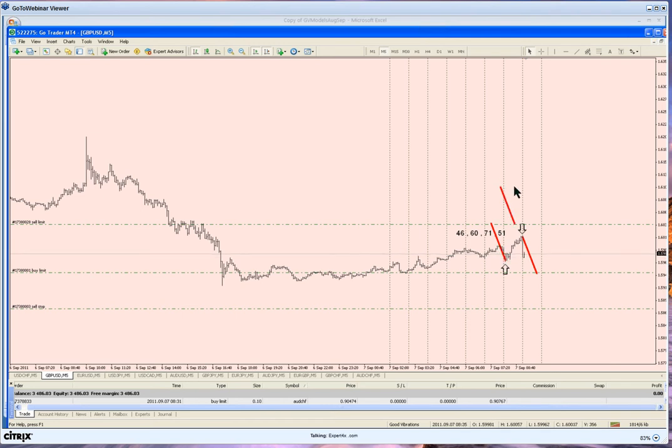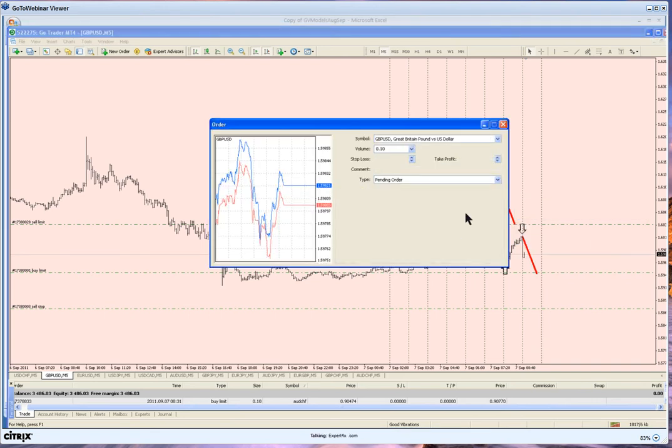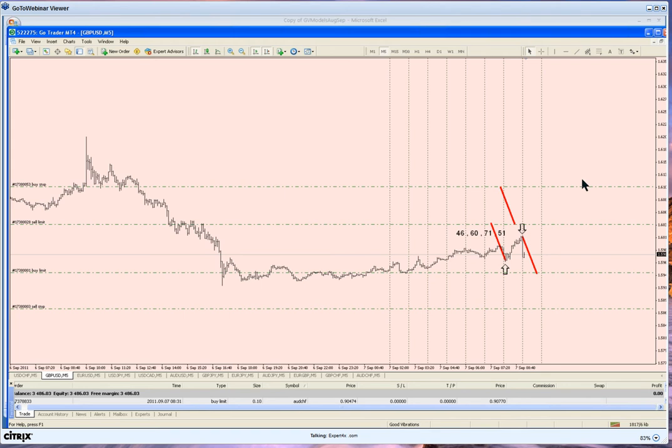Took so long, I forgot what I was doing. Better just put a buy stop in there to stop this thing from running away. Okay, there we go. So we're back in the pound.